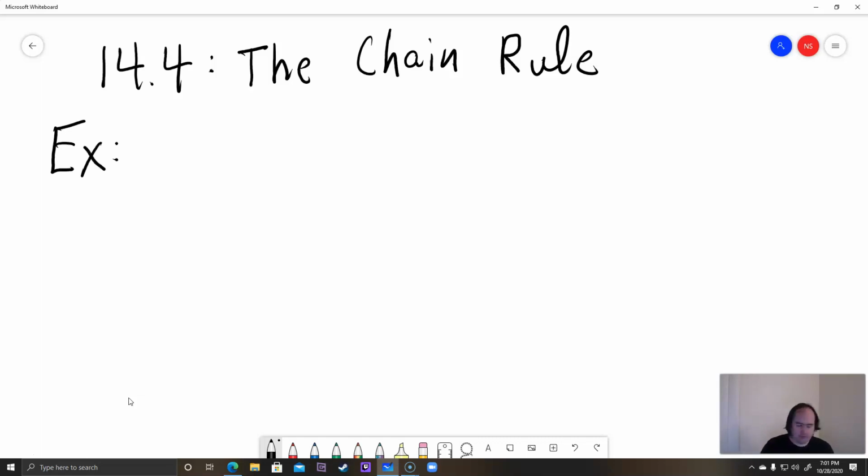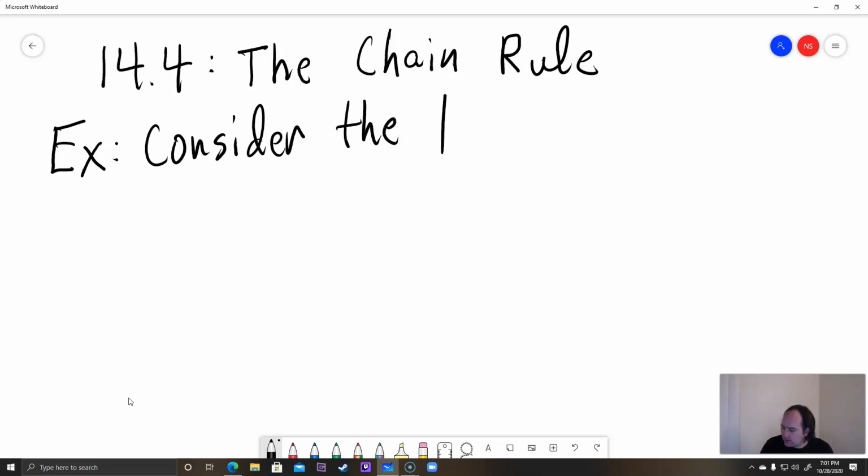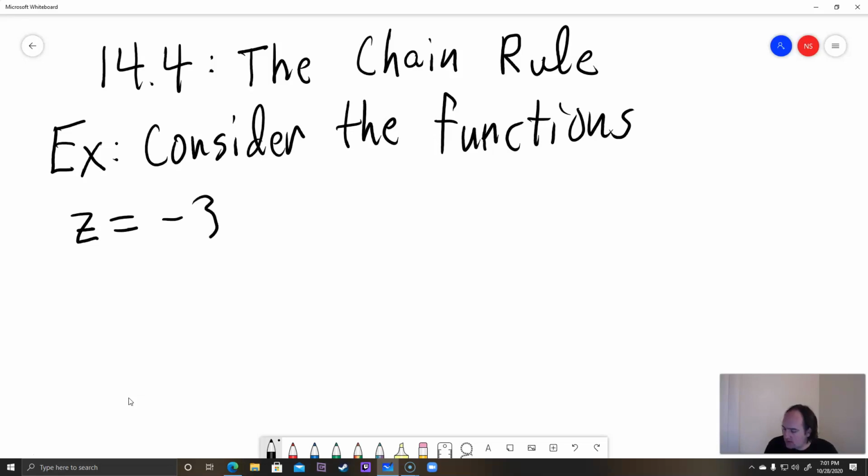Example. Consider the functions z equals -3 times e to the x ln of y.